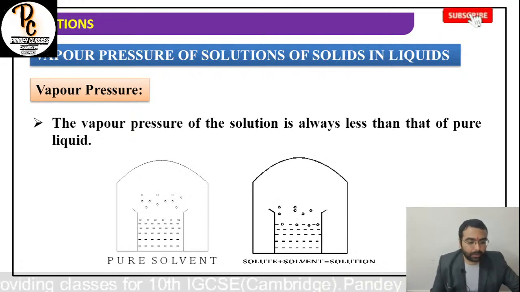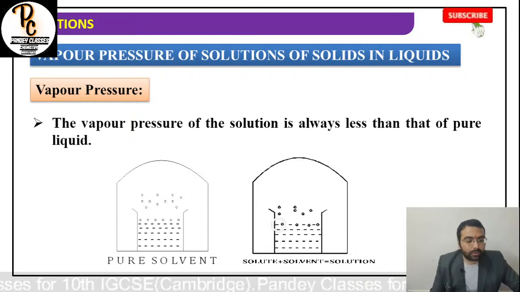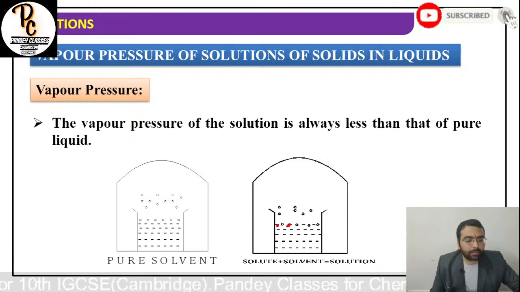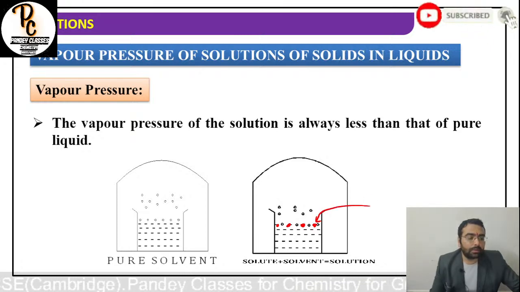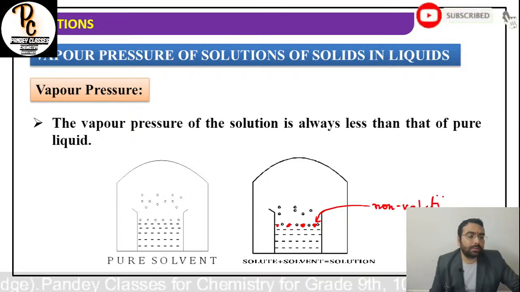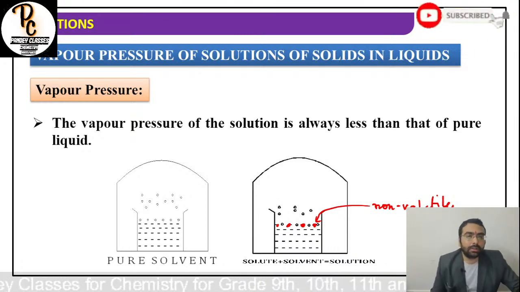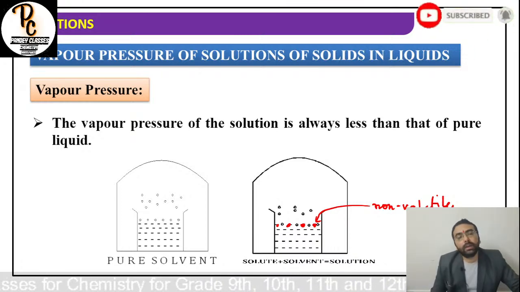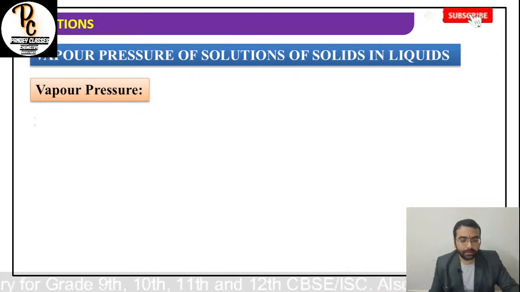Remember what we have done here: as you can see, the surface is occupied by non-volatile particles. And once the surface is occupied, it reduces the rate of evaporation. That's why vapor pressure is maximum in the pure state only, or pure solvent.